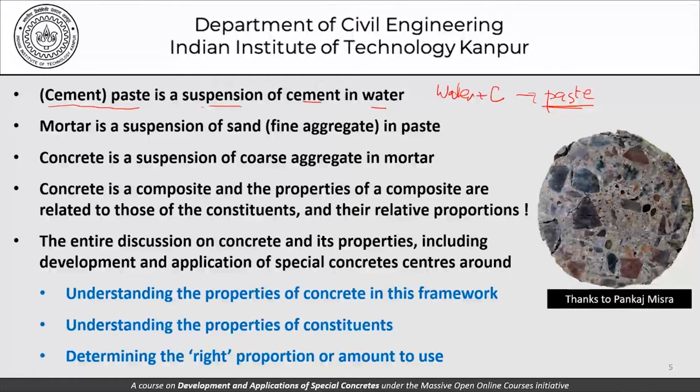Once we get this paste, we add fine aggregate to it, and what we get is mortar. So mortar can be considered a suspension of sand in paste. Concrete is a step ahead, and that is really the suspension of coarse aggregates in mortar.